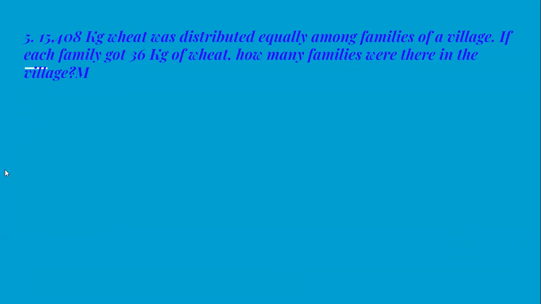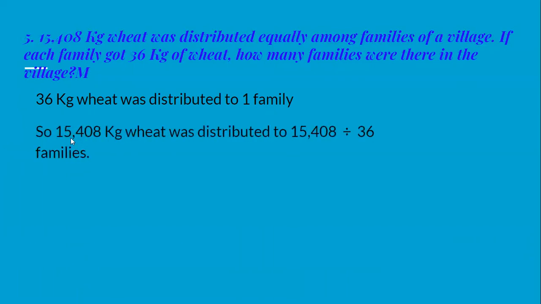Let us start the sum. The first step: 36 kilogram wheat was distributed to one family. So one family is getting 36 kilogram wheat. And the next step: 15,408 kilogram wheat was distributed, so 15,408 divided by 36.